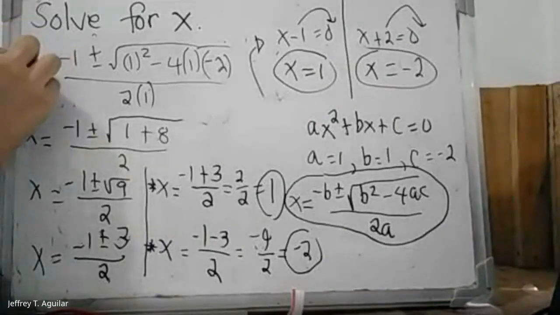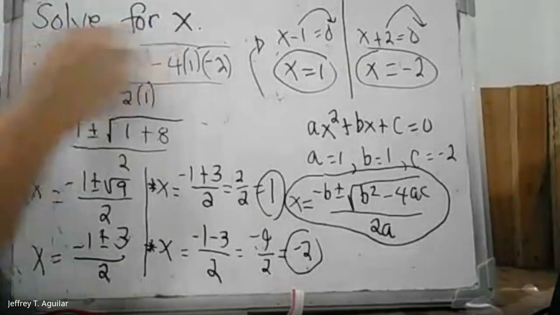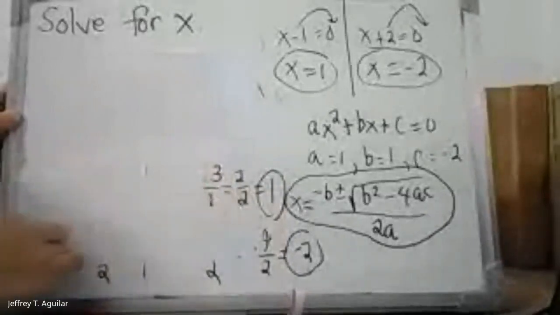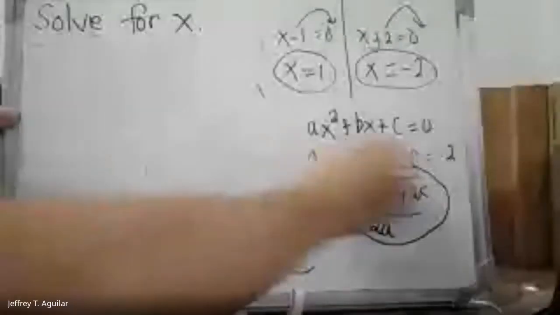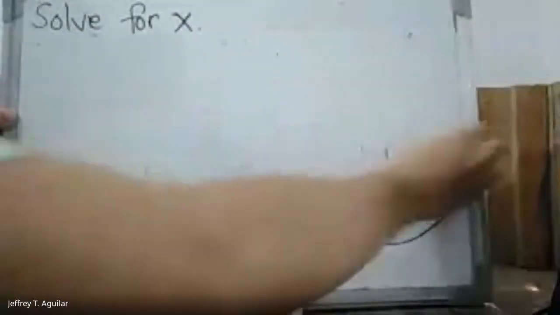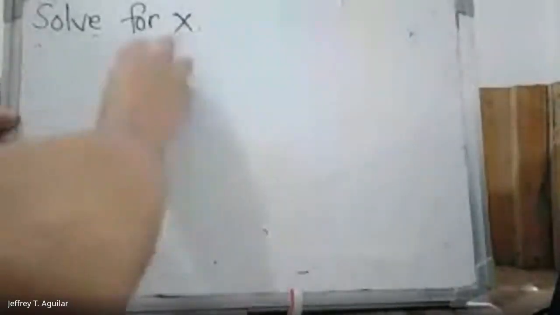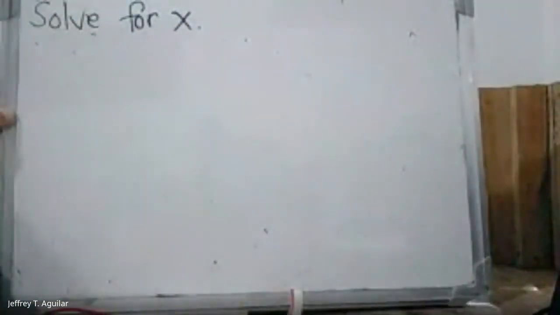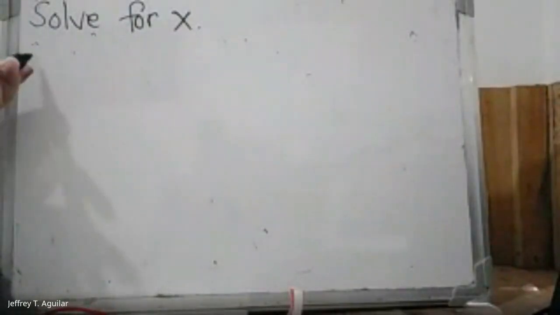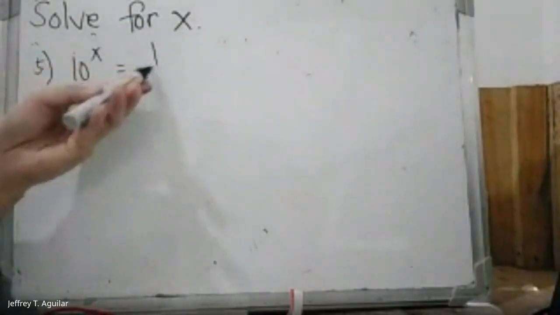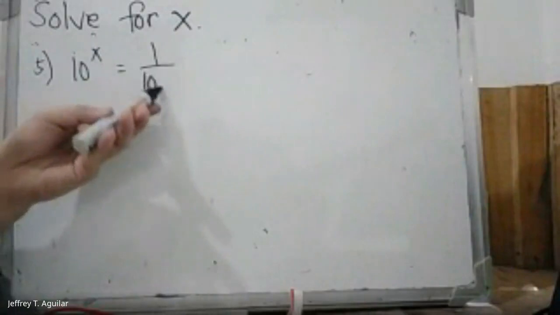Another example, let me erase this. Assuming we have here 10 to the x is equal to 1 over 10,000.